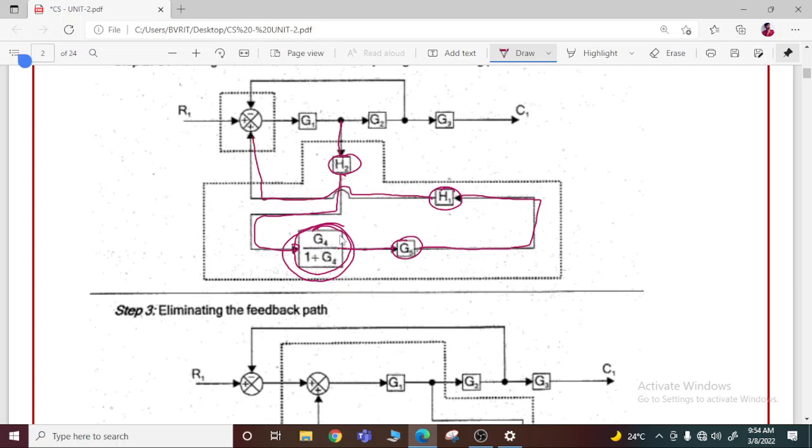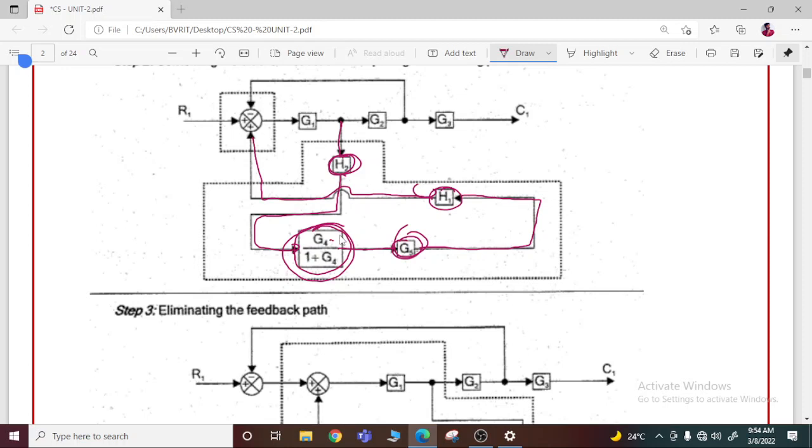So for cascaded blocks, what will we be doing? Multiplying all the blocks which are connected in cascade. So you have to multiply the blocks H2, H1, G5. So what will be the simplified diagram after reducing this one?